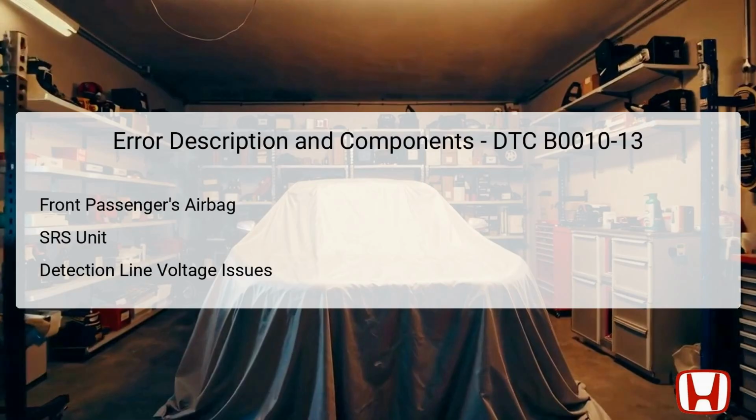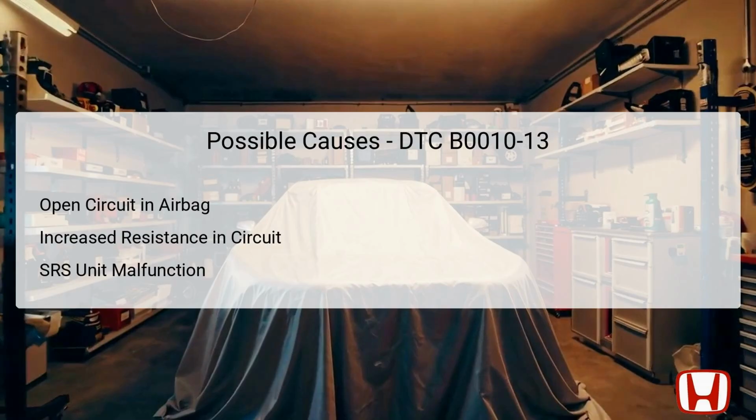and the SRS unit. The first possible cause for the DTC B0010-13 is an open circuit in the front passenger's airbag. This means there may be a break in the wiring that prevents proper electrical current flow. Secondly, increased resistance in the circuit can obstruct the ideal voltage levels required for normal operation, which could lead to erroneous readings and malfunctions.